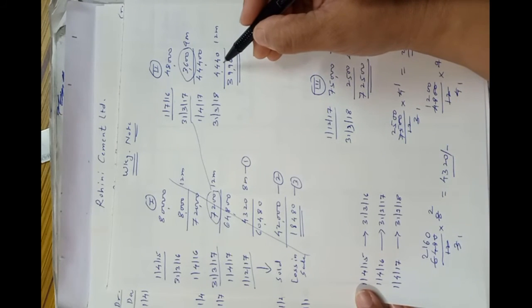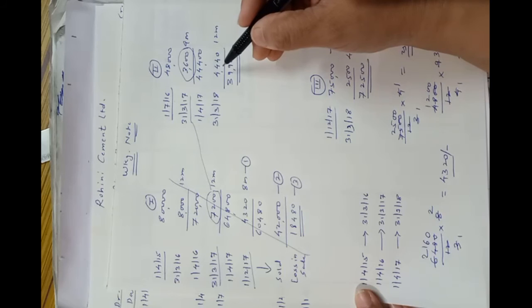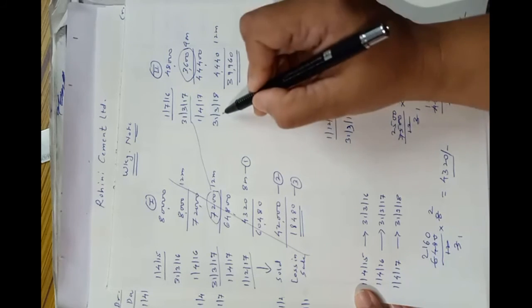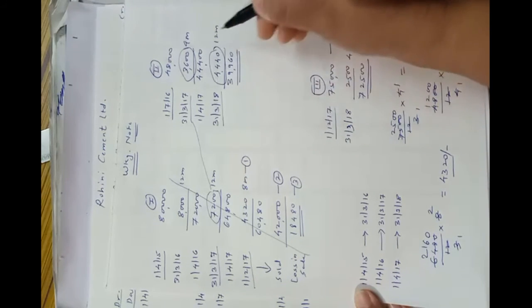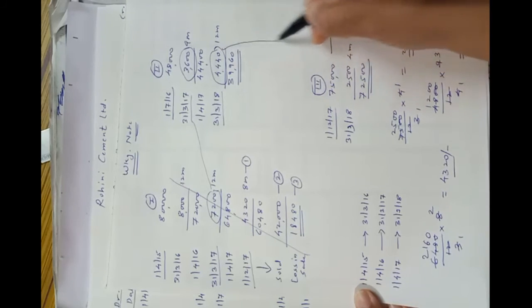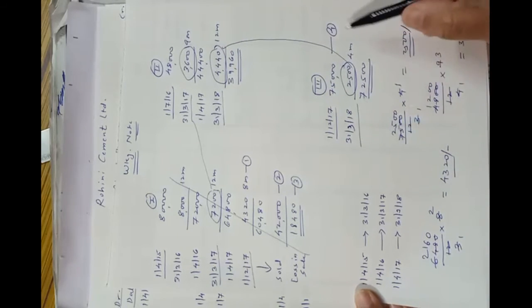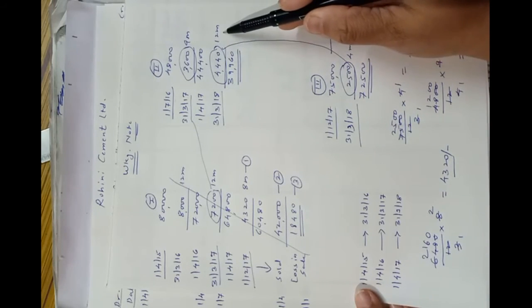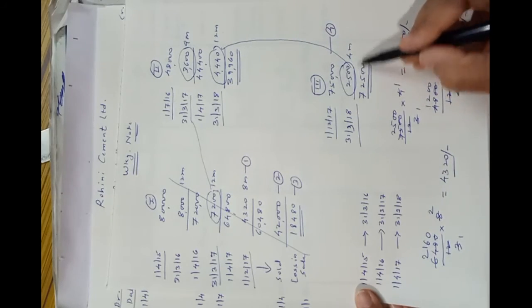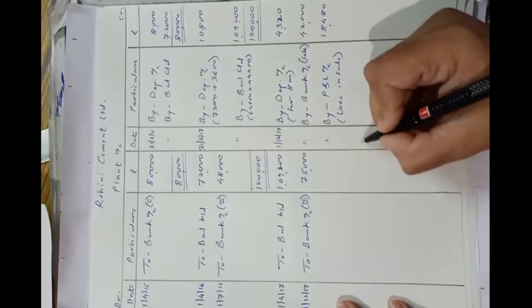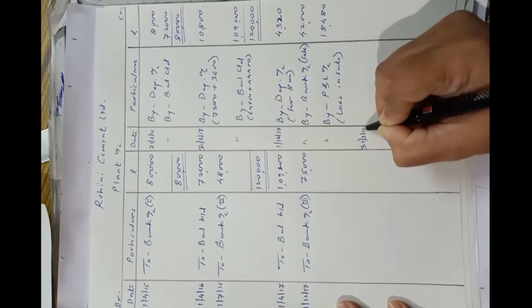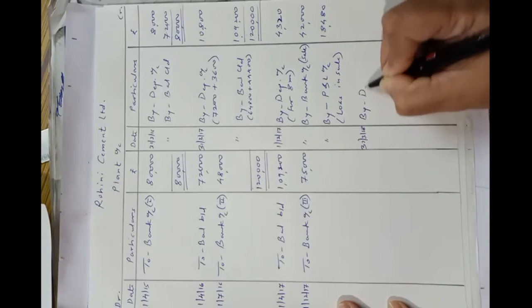Now on 31st March 2018, the last day of this year, we have to deduct the depreciation for this machinery as well as for this machinery.